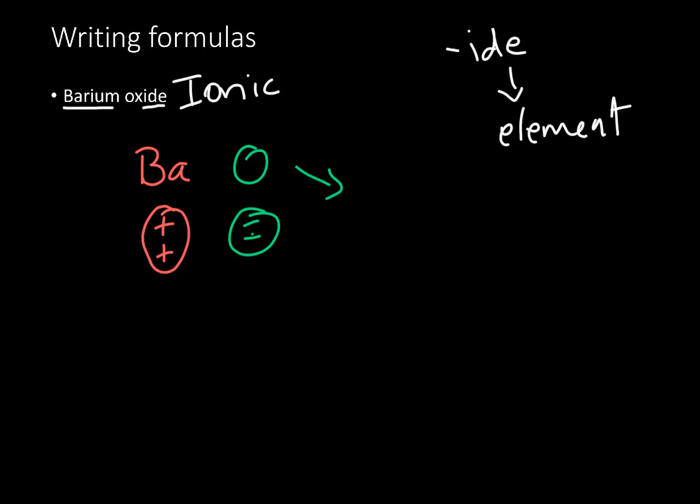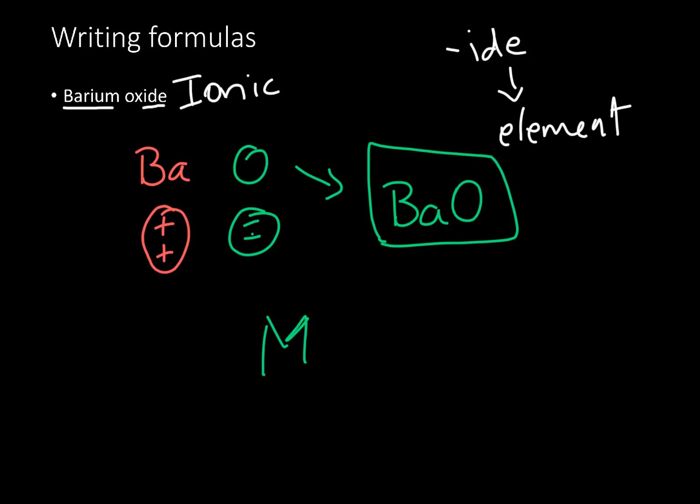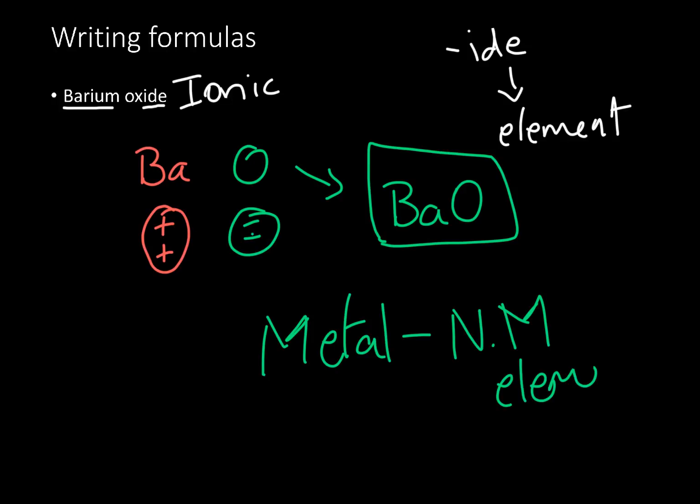They cancel each other out, and the formula you get is BaO. And so this is how you write formulas for ionic compounds that contain a metal and a non-metal element.